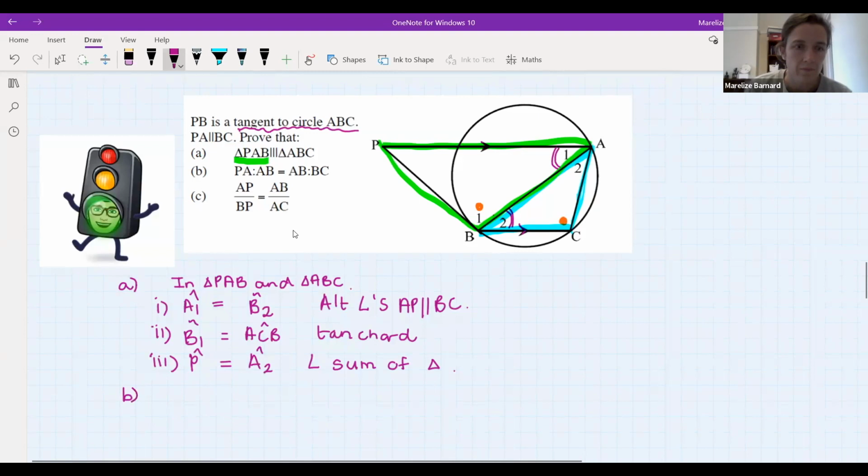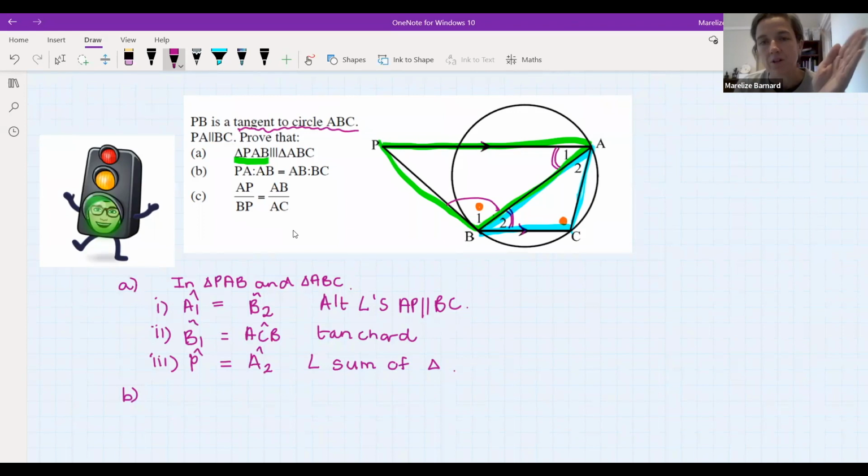Yes, it's Solo again. Please repeat the second reason. Why is the reason tan chord? Okay, so here's our tangent, PB, and the rule says the angle between the tangent and the chord AB is equal to the angle in the opposite segment.